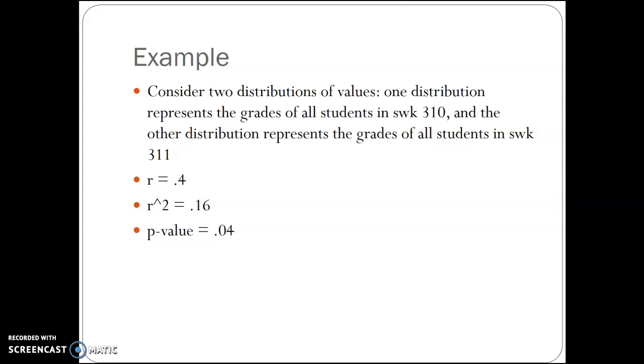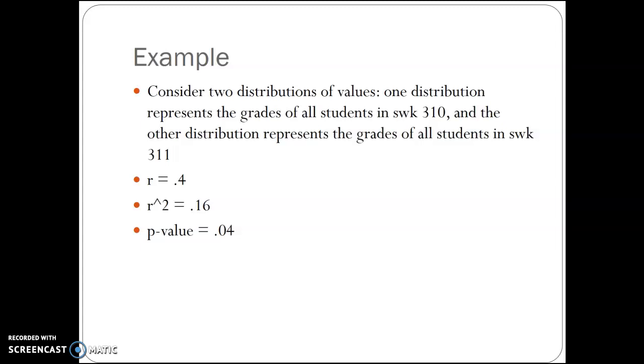Finally, we have the p-value. Here, the p-value is 0.04. That p-value tells you whether or not you can safely reject your null hypothesis or fail to reject it. In this case, you may have asserted as a null hypothesis that there is no relationship between scores in 310 and scores in 311, and so the whole correlation test would have been set up such that you either reject that null hypothesis or fail to reject it.